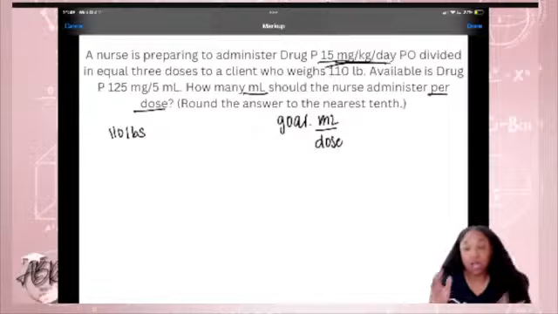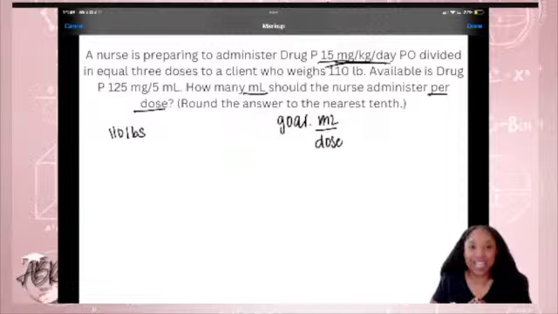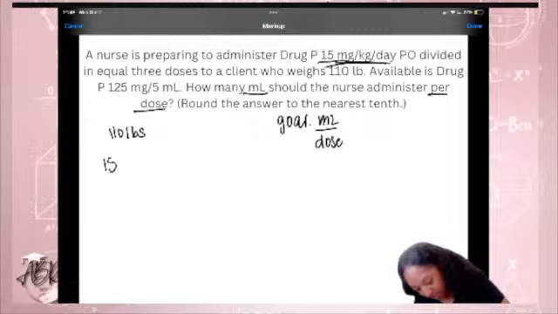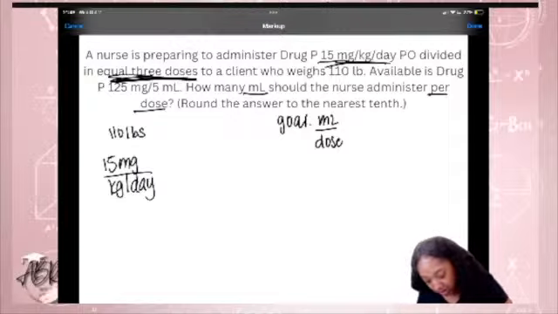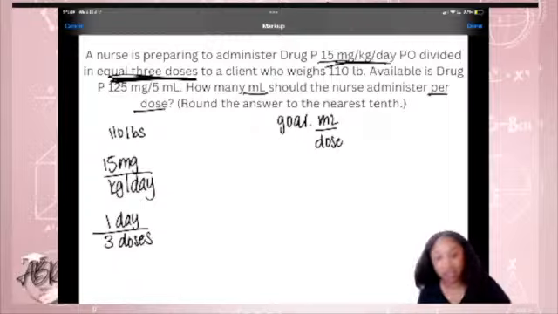All right. So it goes on to tell us that you have to divide that into 3 equal doses in the day. So this is 15 milligrams per kilogram per day, and then 3 equal doses. So I know in one day I have 3 equal doses. Y'all see that?